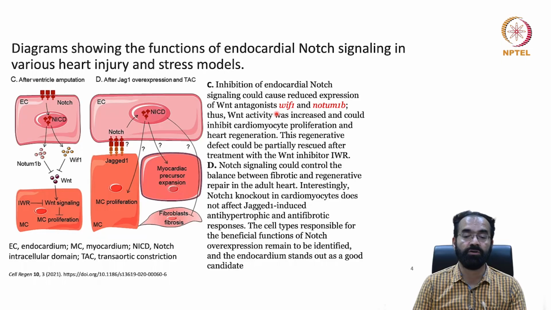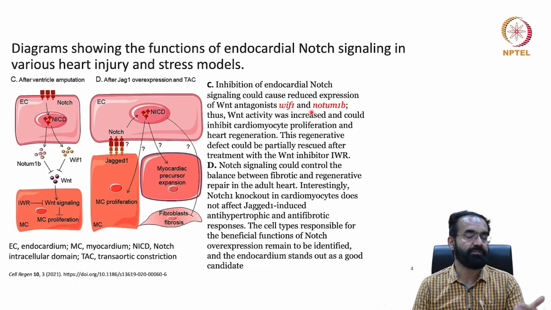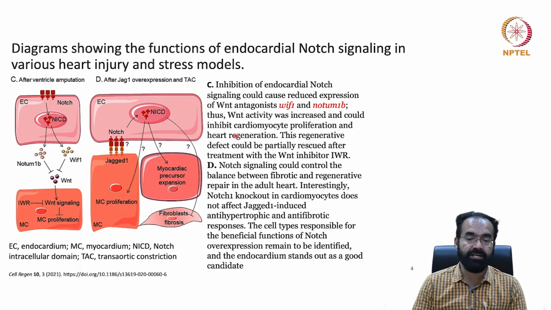What are Wnt antagonists? They are WIF1 and NOTUM1B. NOTUM, you may remember, we have studied in invertebrate regeneration also. Thus, the Wnt activity was increased and could inhibit cardiomyocyte proliferation and heart regeneration. This regenerative defect could be partially rescued after treatment with the Wnt inhibitor IWR.